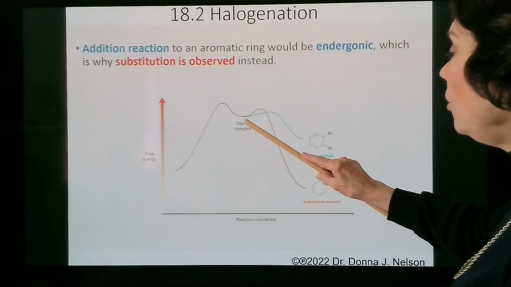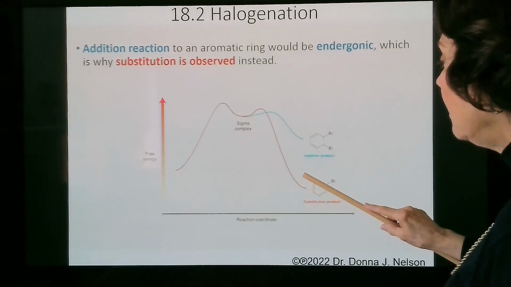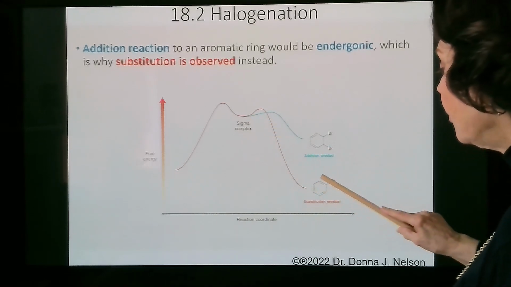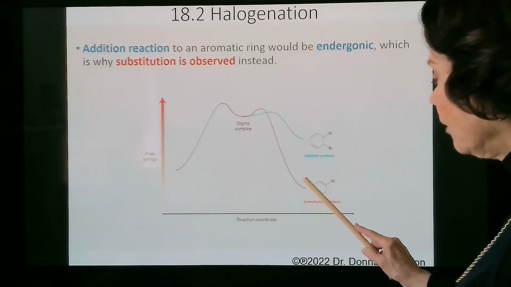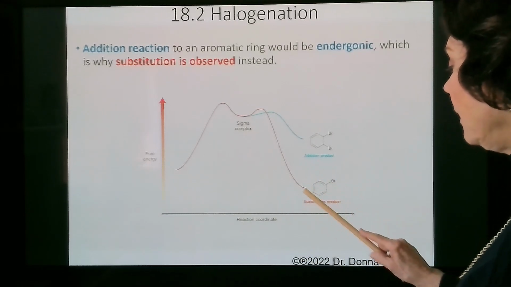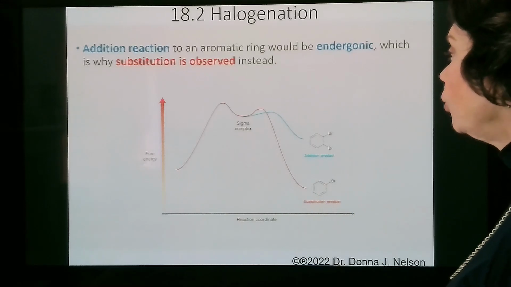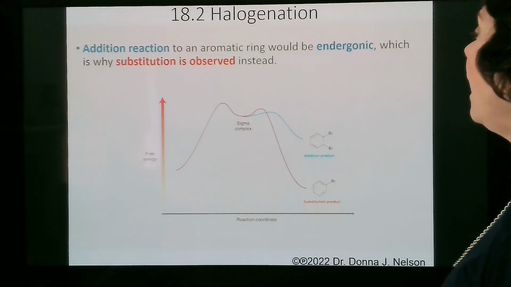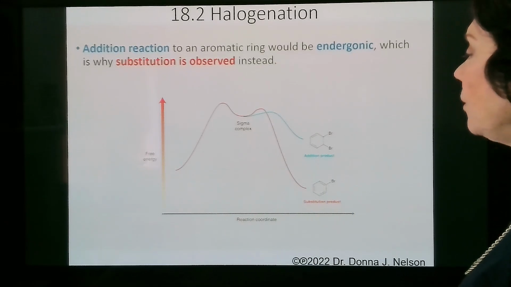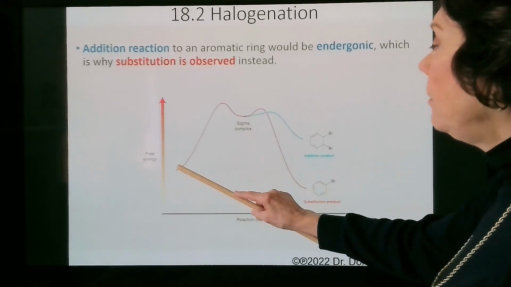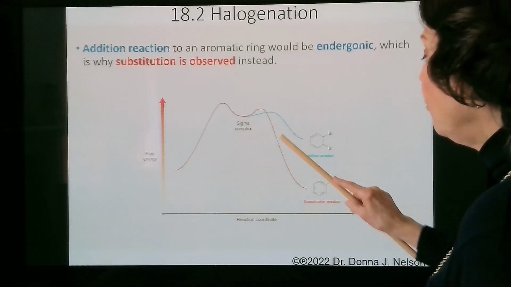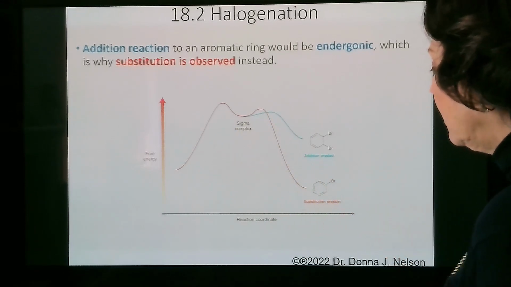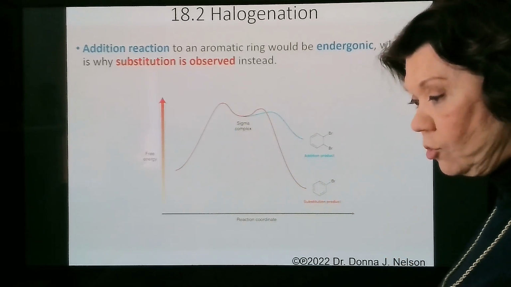And so you have the aromaticity regenerated, the proton is lost, and you have the substitution product down here at a very low energy, existing in this energy well. And so the addition would be going uphill energetically. Instead, you go downhill energetically to the substitution.